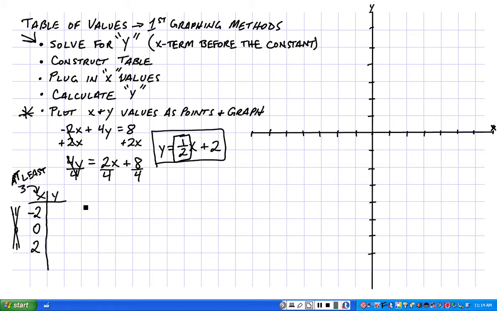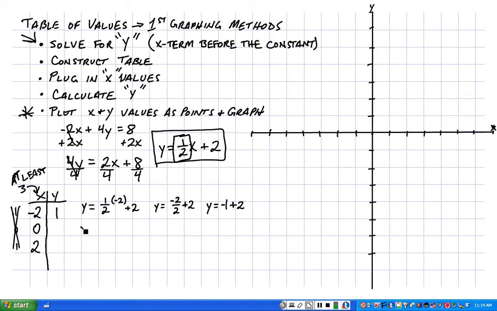So first I say y equals 1 over 2, and x is -2, plus 2, and -2 times 1 is -2 over 2, so that's y equals -2 over 2 plus 2, and -2 divided by 2 is -1, so y equals -1 plus 2, which equals 1. Okay, -1 plus 2 is 1, so y would equal 1. So there it is.